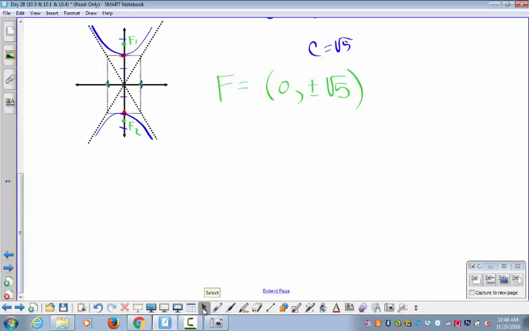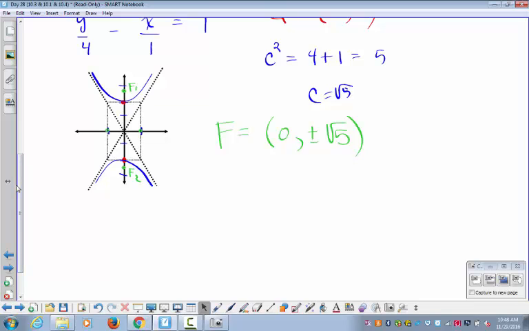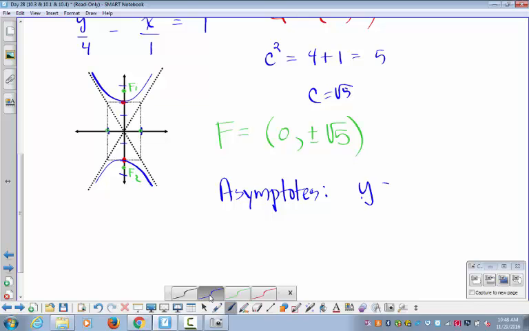And the last step, the equations for the asymptotes: y equals plus or minus 2x. Look under the y's to get the numerator, 2. Look under the x's to get the denominator, 1. 2 over 1.